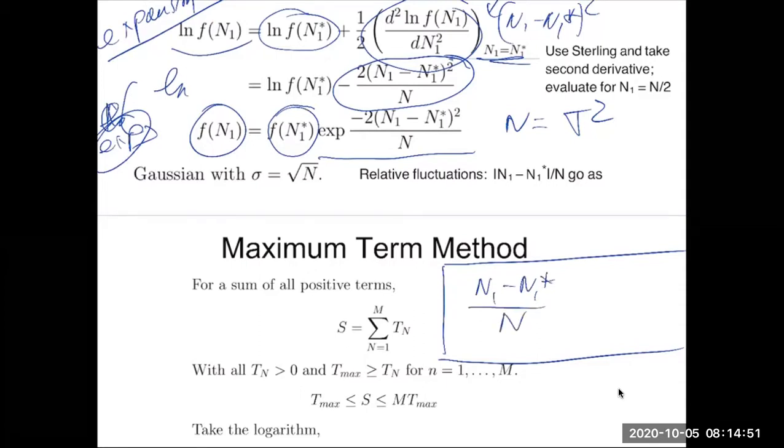So maybe you have a system with a number of particles n, and you're looking at relative fluctuations of concentration. You will see that the probability of these fluctuations will go like 1 over the square root of n. And so while absolute fluctuations have this decay, relative fluctuations will decay as the system gets bigger, because the fluctuations will go like 1 over the square root of n.